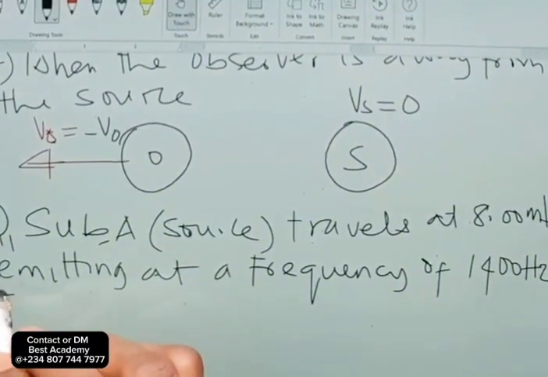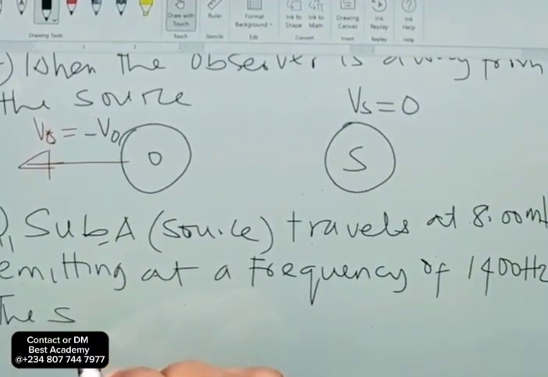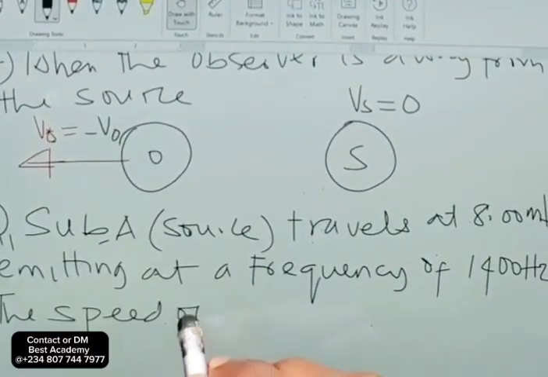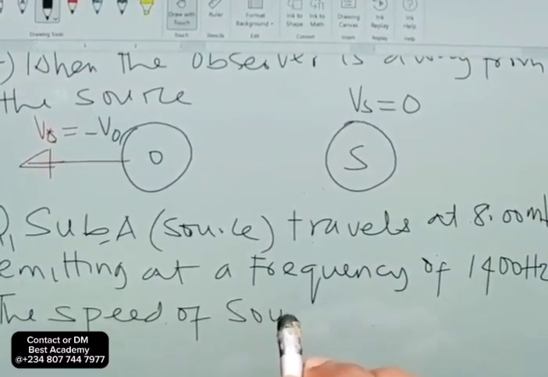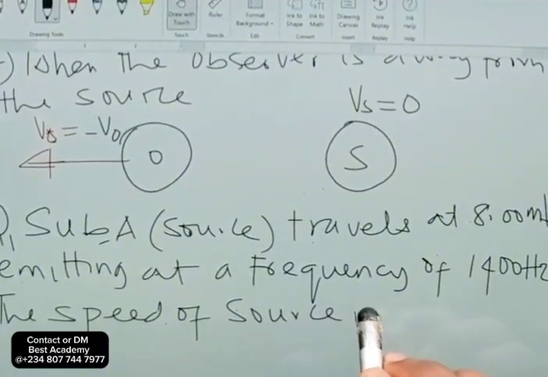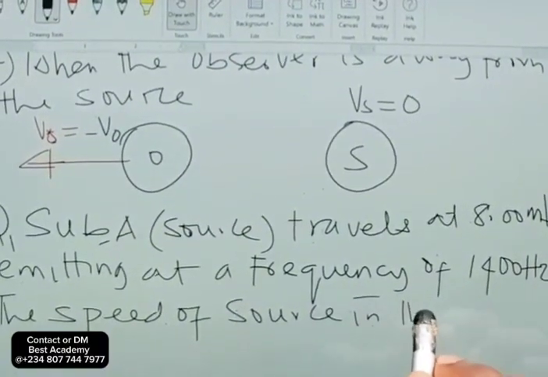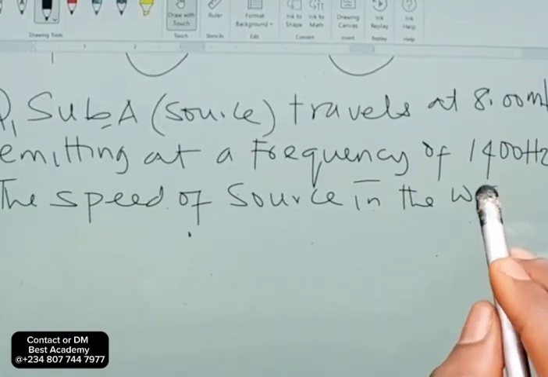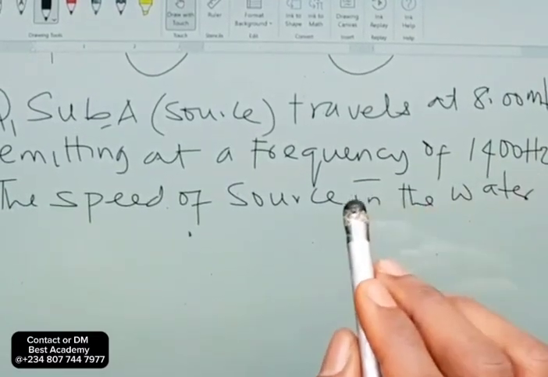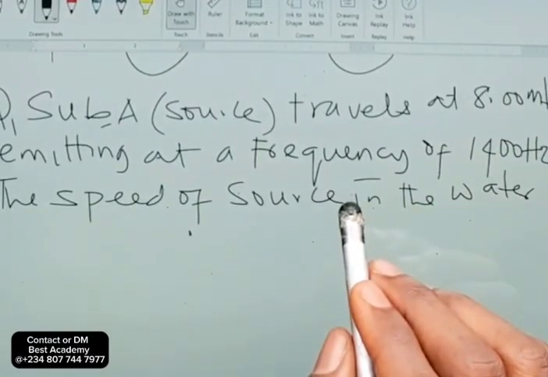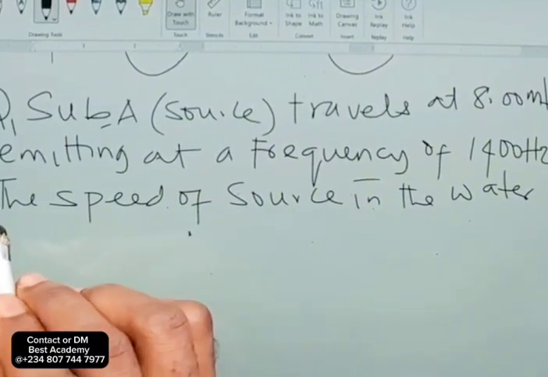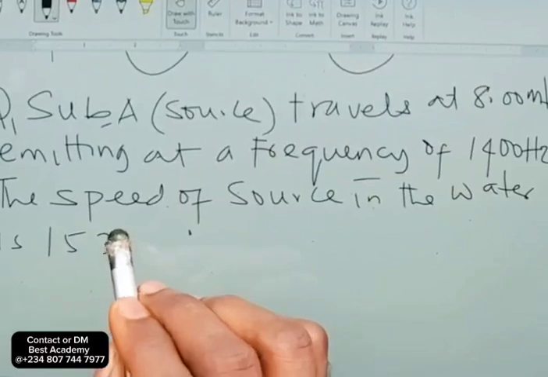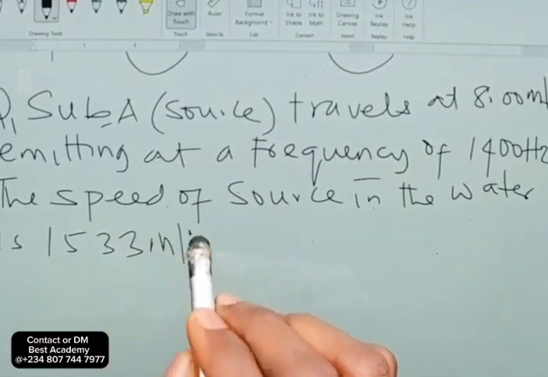The speed of sound in the water is 1533 meter per second.